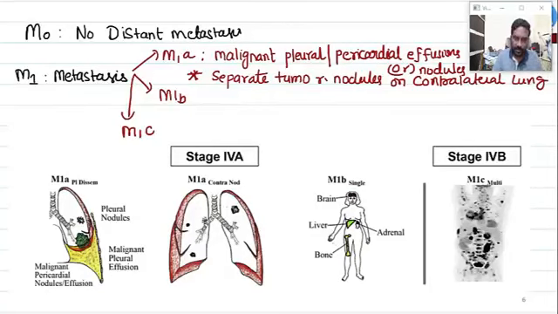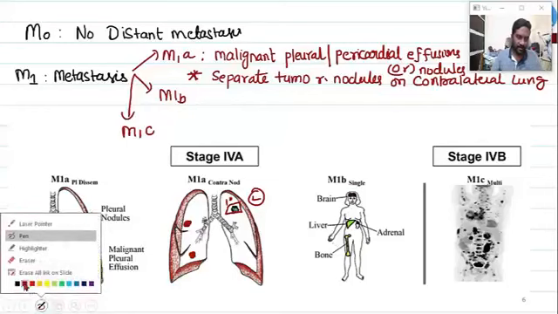So for example, let this be the primary tumor on the left side, and on the right side there are some satellite nodules. Previously, in T3 and T4, we discussed the presence of satellite nodules within the same lobe or in another lobe. Now here the tumor is on one side and small satellite nodules are on the other side. So right tumor with left nodules, or left tumor with right nodules.